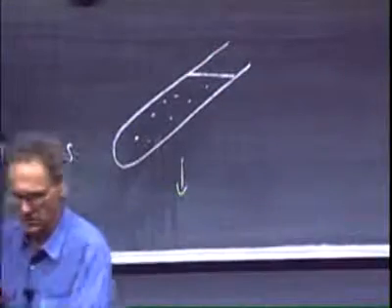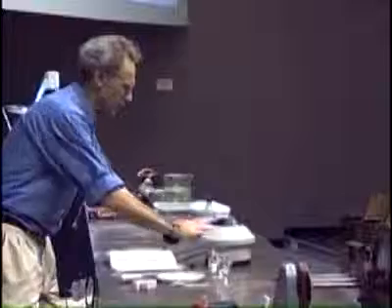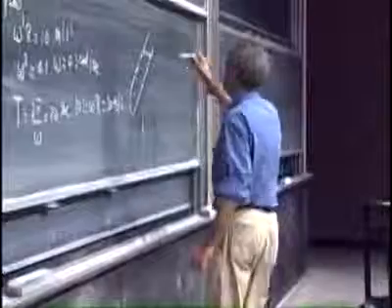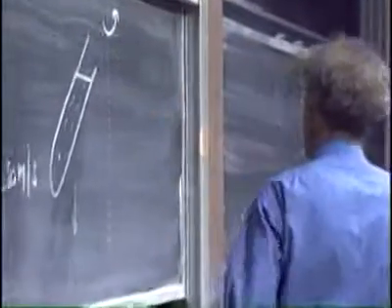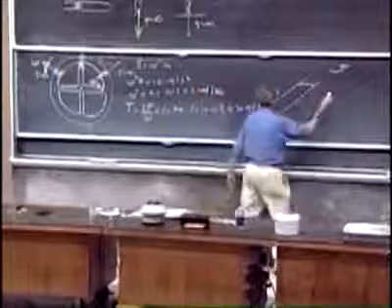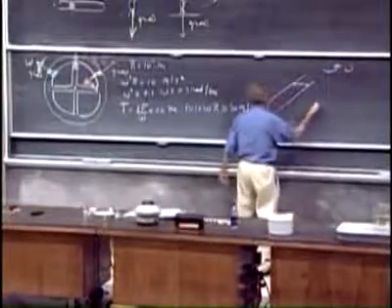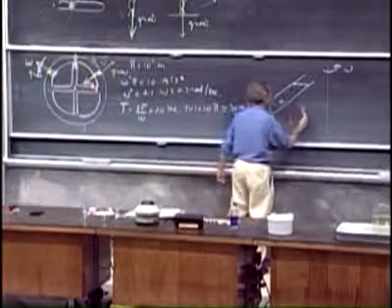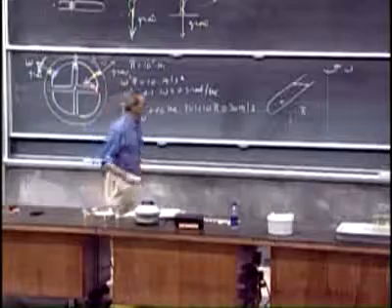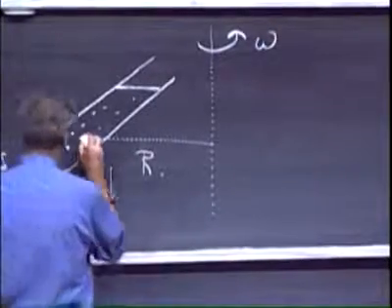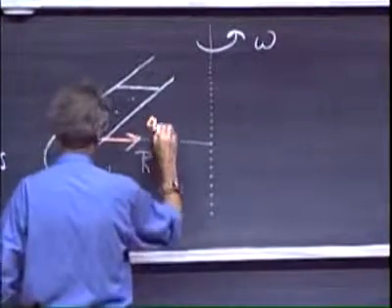You see here two glasses with water. The surface is perpendicular to gravity. Now, I'm going to rotate this about this axis, going around like this, with an angular velocity omega. And this is at a distance r. Therefore, there is now a centripetal acceleration in this direction.